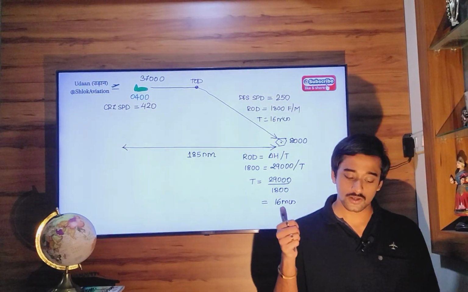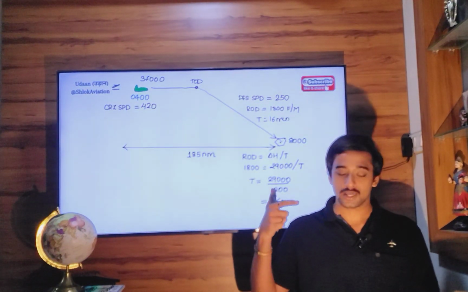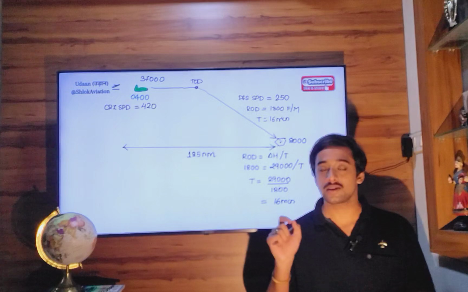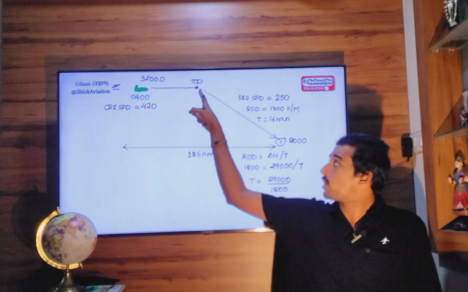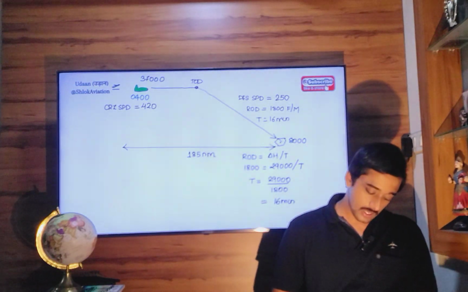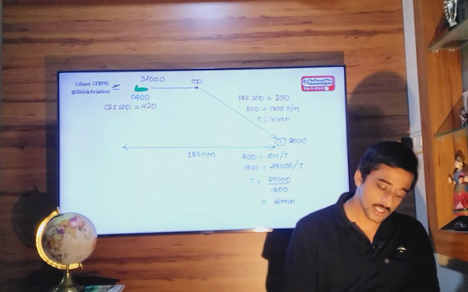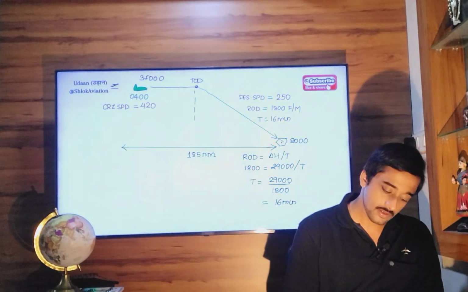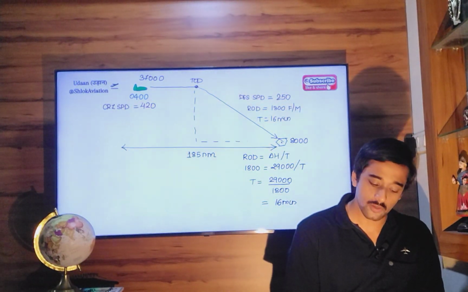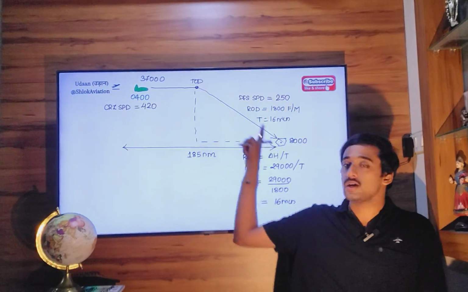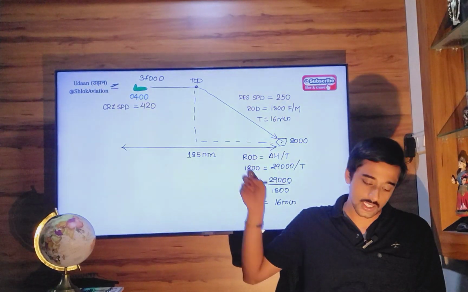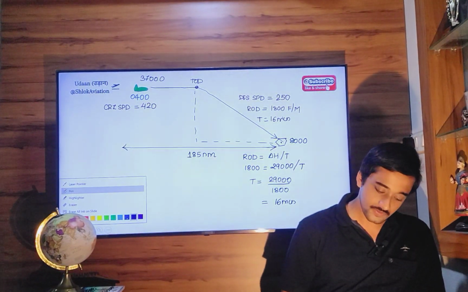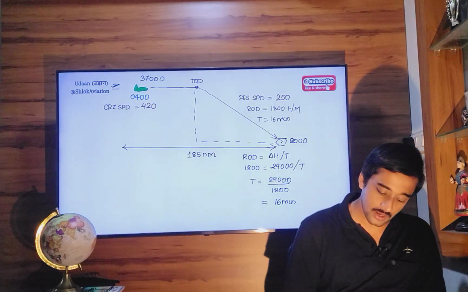Now that you know descent speed and your time required to descend, you can calculate distance covered during your descent phase. Okay, you can calculate the horizontal distance covered by aircraft as it travels from top of descent to the VOR station, this horizontal distance. Let's use speed distance time formula.